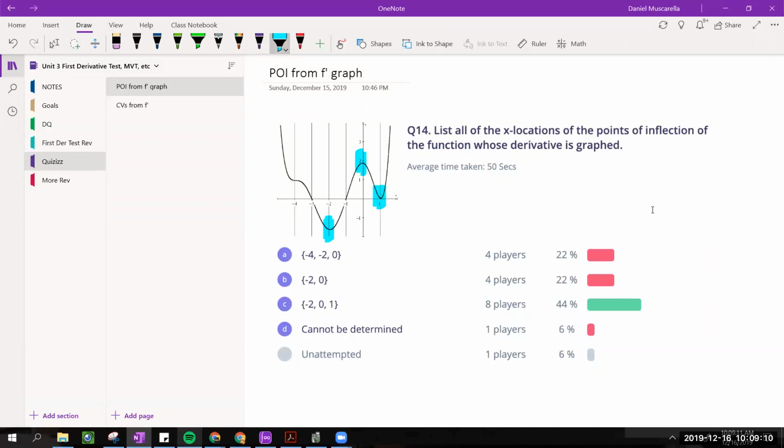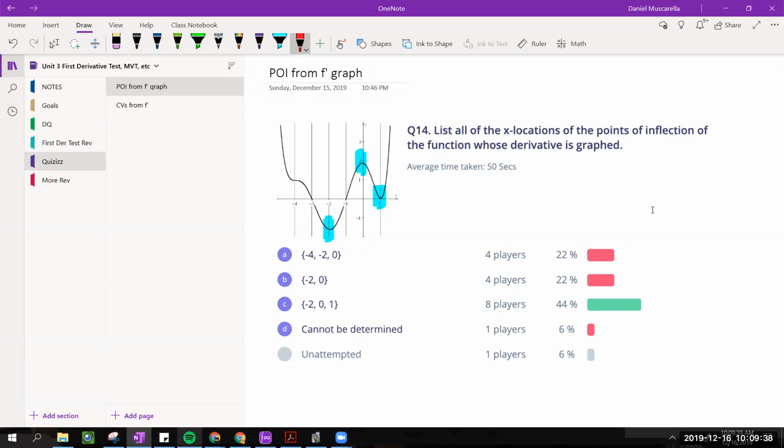Those three values would be the POIs if this is your derivative graph. So those are the POIs of the normal function. Correct. Yeah. So you would know that's where it changes from concave up or down, but that's an extra thing, because first you'd have to know if it's increasing or decreasing.